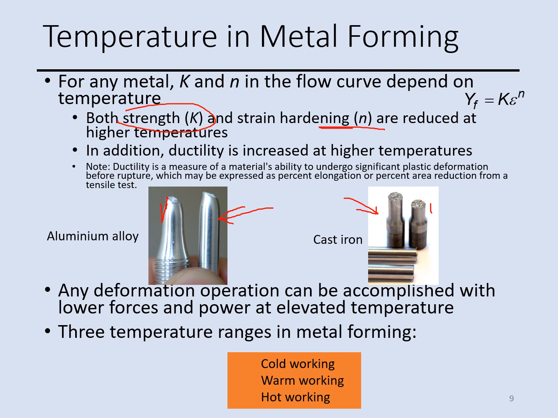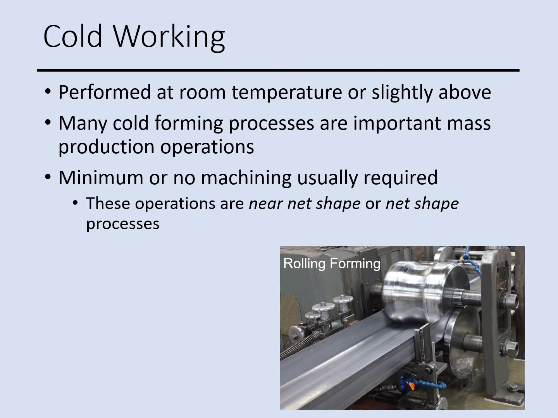Based on the temperature, we have three processes: cold working, here, this one, we have warm working, and we have hot working. Cold working can be performed at room temperature or slightly above room temperature, and many of the cold forming processes are important for mass production operations.